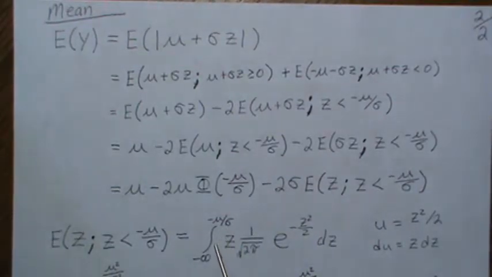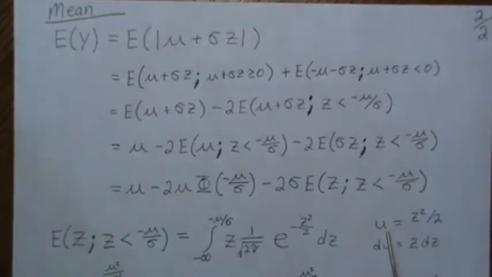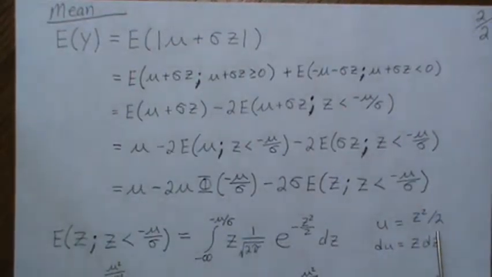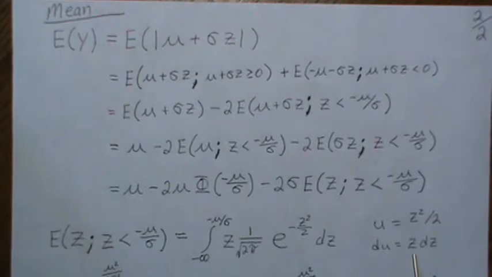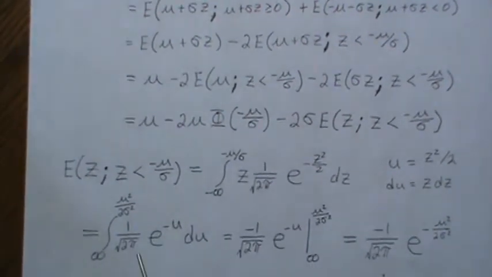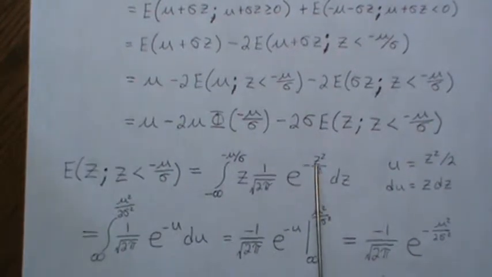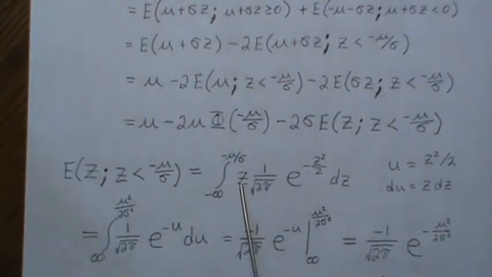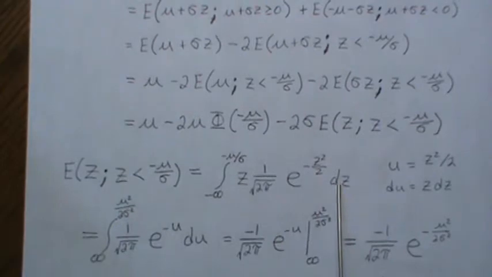Now let's do a u substitution of z squared over 2, and you get du equal to z dz. So substitute that in, we get this. The z goes in with this z, and we're left with this.